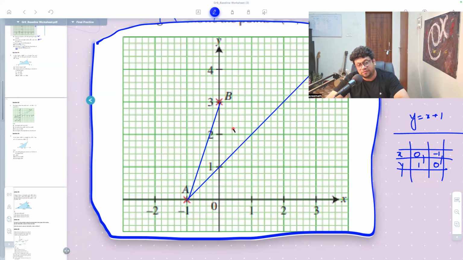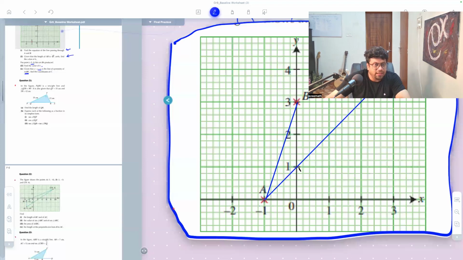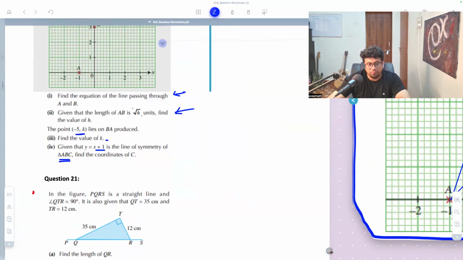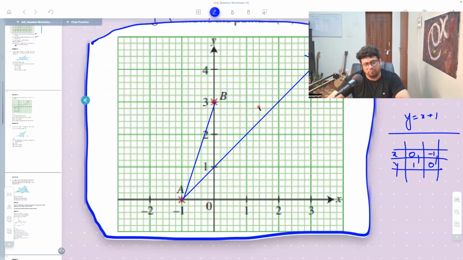Find the coordinates of C. Is there anything specific? Find the coordinates of C. Well, there are many possibilities, but one of them happens to be right there. So there it is, (2, 1). That's your C value.